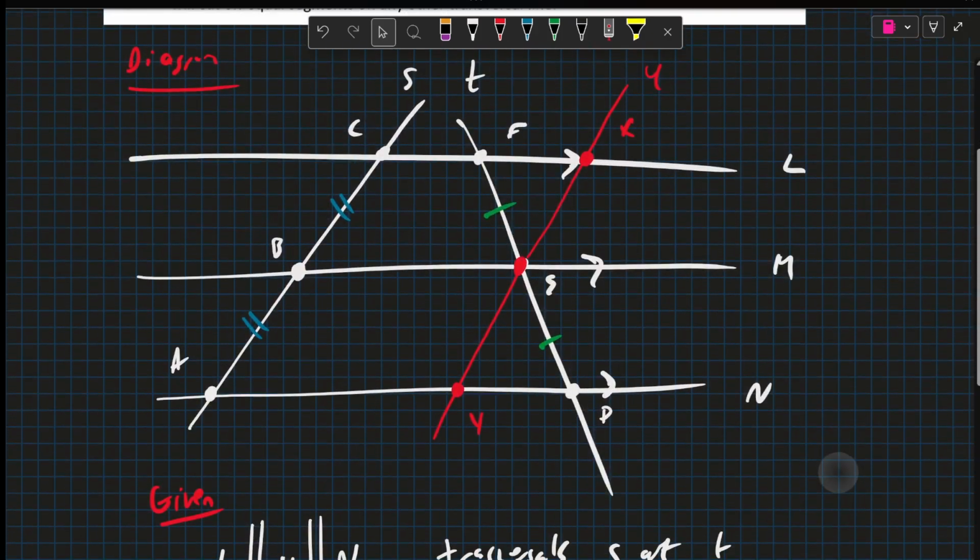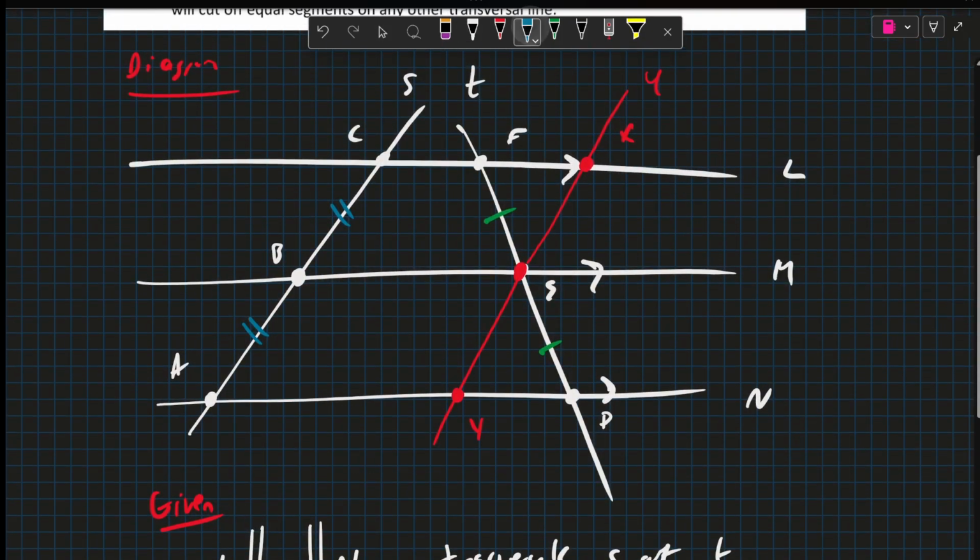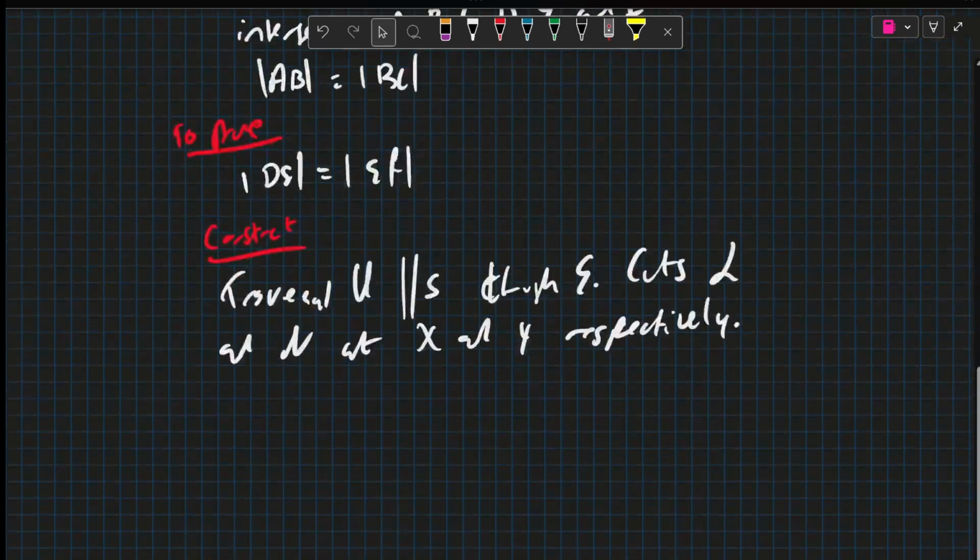So that's what we have here. We can indicate with arrows that S and U are parallel to one another.